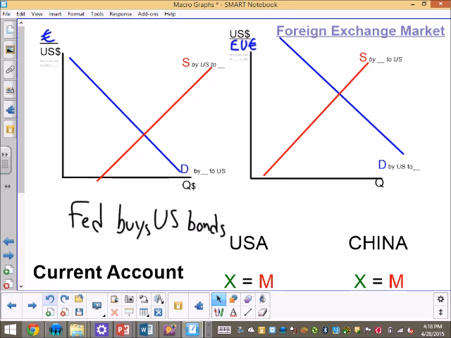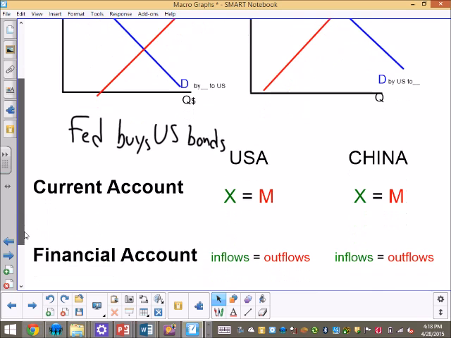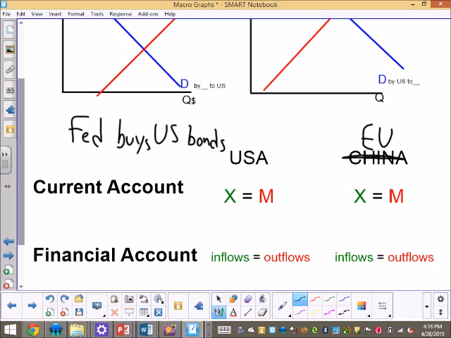And you also need to know what would happen if that's the case, if we go ahead and say, all right, let's not say this is China, let's say this is the EU in this example. That means US exports would be bigger. That means European imports would be less. What would that do to capital outflows or financial flows? Well, we have more money, so we would have to offload more.